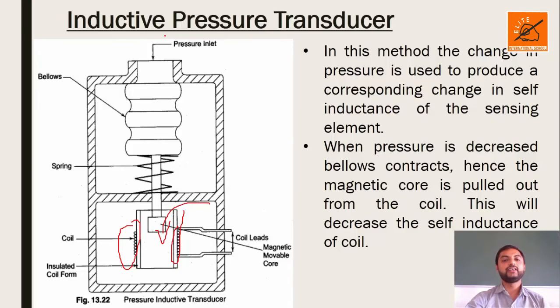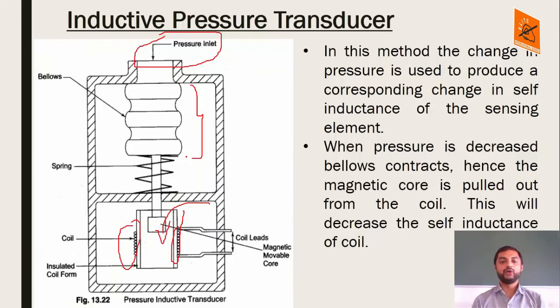Here it is the pressure inlet and these are the bellows. In last lecture we have studied about the bellows and it was said that whenever we give the pressure to the bellows, either they expand or they contract, and based on that this spring will either contract or expand.